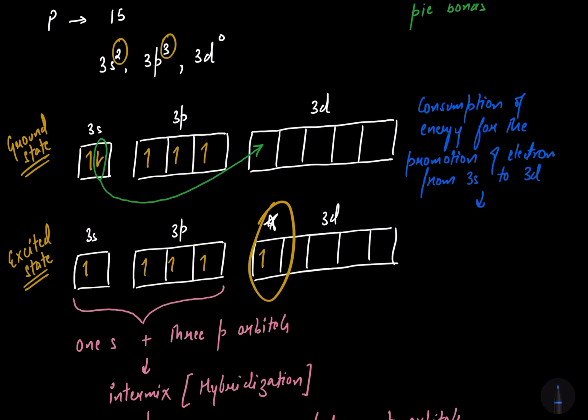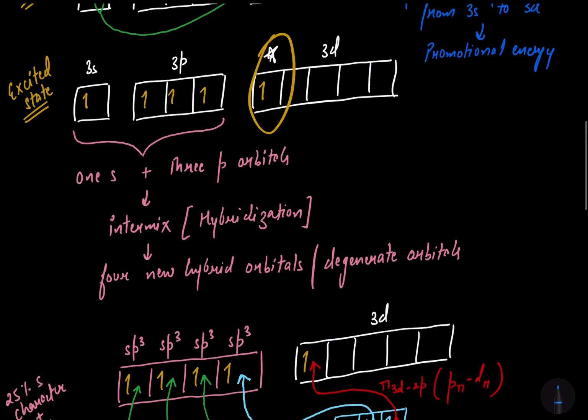This energy which is consumed is also called promotional energy. So at this step there is a consumption of energy for the promotion of electron from 3s to 3d, which is termed promotional energy.